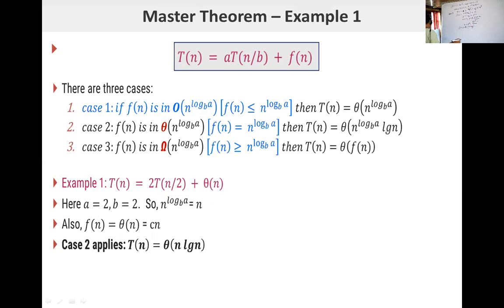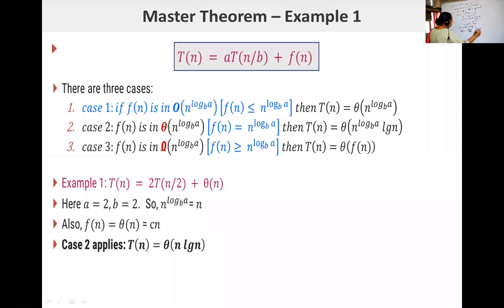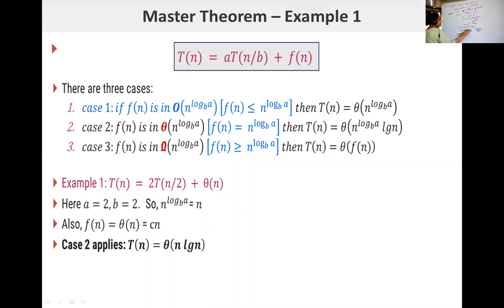Can we write log 4 base 2 as log 4 by log 2? Then can we write this as 2 log 2 by log 2? Yes or no? Is it clear?